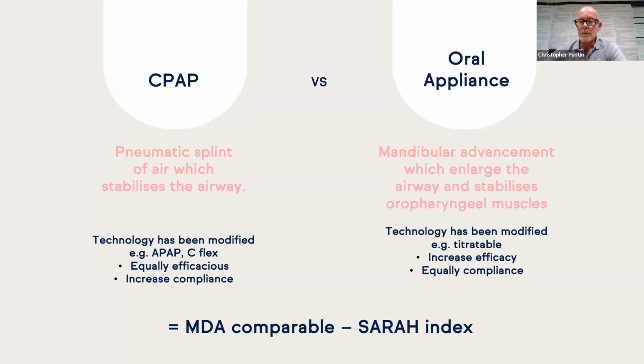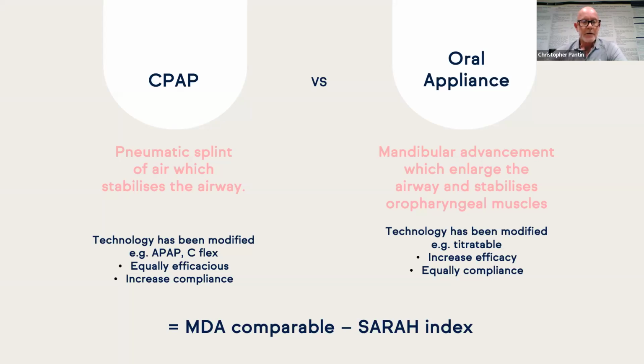The first published ones on mandibular advancement splints was about that time, and prior to that it was actually the tongue retaining devices, which preceded mandibular advancement splints. So over the years, we've increased the efficacy, but the compliance has always been good. So how we discuss the difference between oral appliances and CPAP is that one's more efficacious, but the other one's more effective. So we're going to see later there is actually an index to prove that.